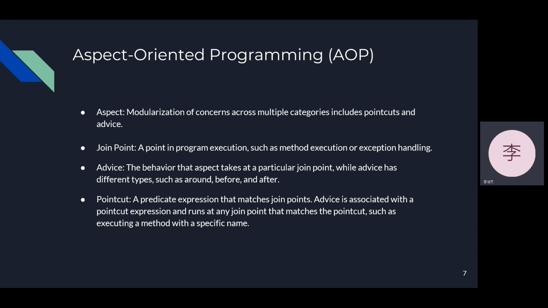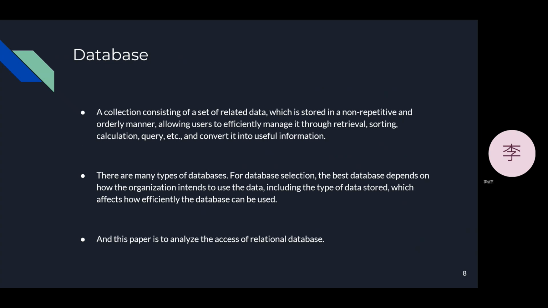Advice: the behavior that an aspect takes at a particular join point, which has different types, such as around, before, and after. And pointcut: a predicate expression that matches join points. Advice is associated with a pointcut expression and runs at any join point that matches the pointcut, such as executing a method with a specific name.